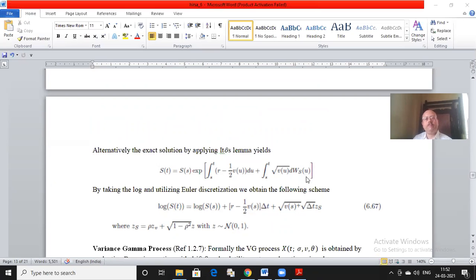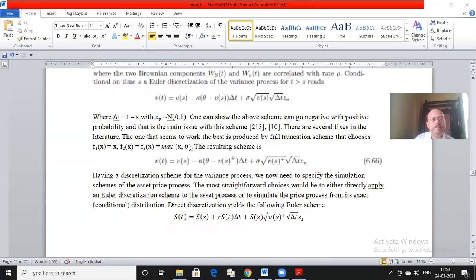So the integral becomes very simple. I can evaluate them directly. I have to remember that the two Brownian motions were correlated. So I need to choose Z_S not independently, but as rho Z_V plus root over 1 minus rho square Z. So this is the standard trick for creating correlated random numbers. So you already have Z_V, you have generated Z_V earlier here.